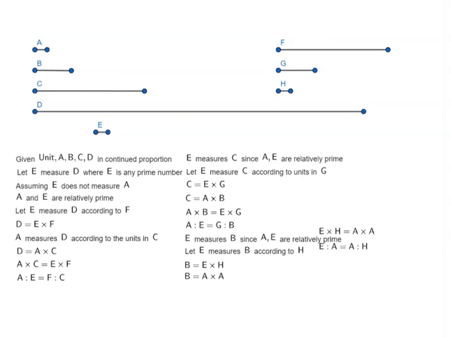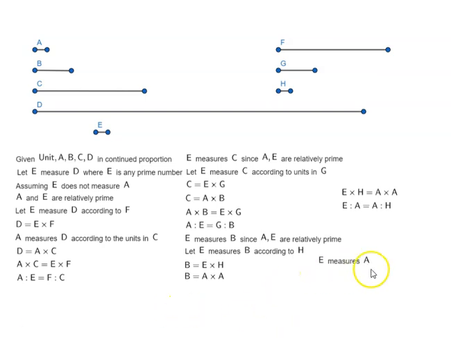In proportionality terms, this is E is to A as A is to H. Again, E and A are relatively prime. That means they are the least numbers in that ratio, and they measure numbers in the same ratio the same number of times.